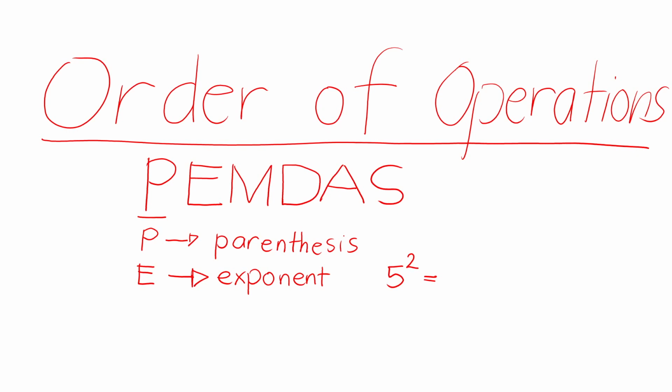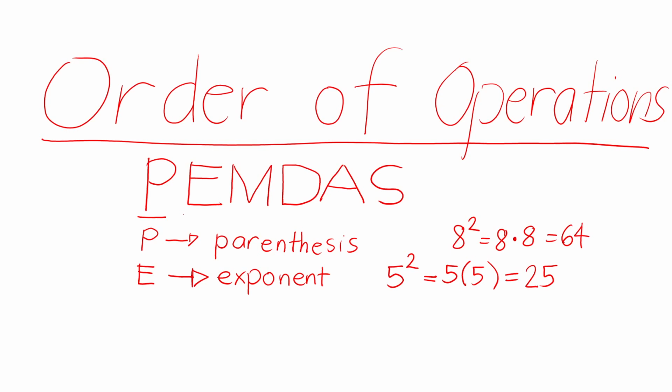So take note, when I say 5 squared, you multiply 5 by itself twice. So meaning this is 5 times 5 to get 25. The same thing with example 8 squared. 8 squared, that is 8 times 8, that will give us 64. So that is the meaning of letter E.